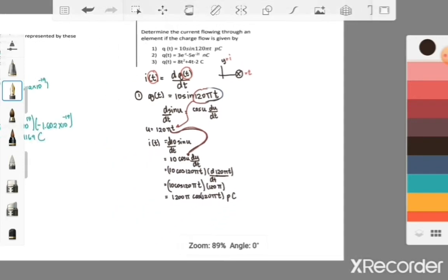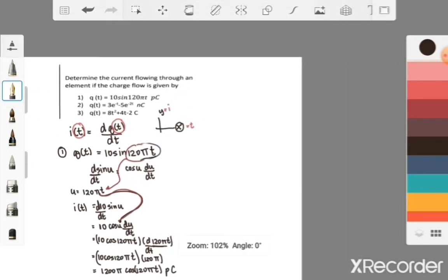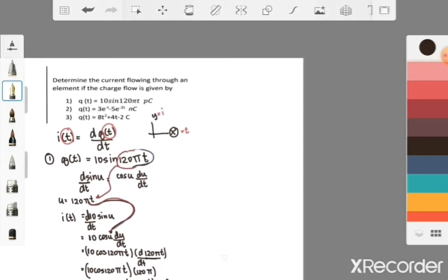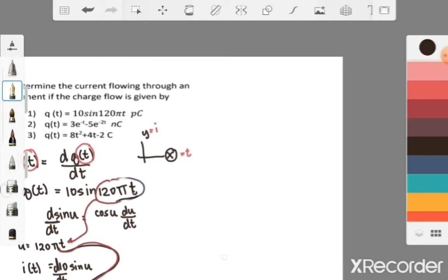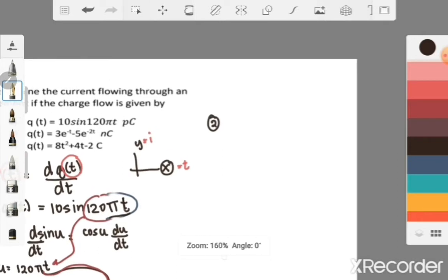Let's proceed to example number 2. We have your Q sub t, which is equal to 3e raised to negative t minus 5e raised to negative 2t nanocoulombs.